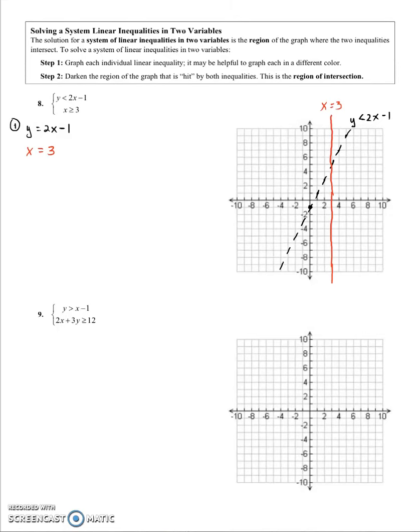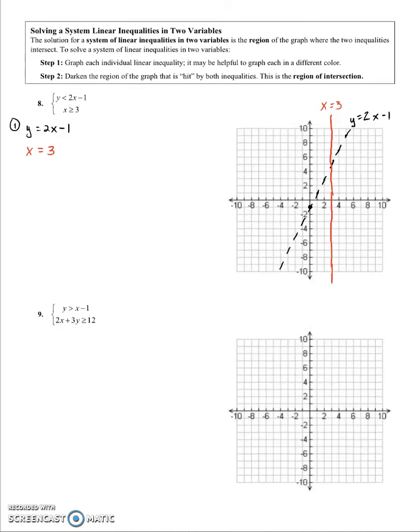And I really should have used an equal sign in the other one. Okay, now you can see that we have 4 different areas that these two lines divided our plane into. So we have this piece to the left.